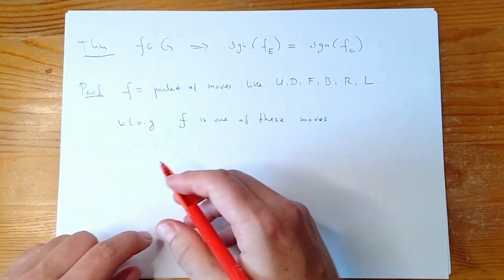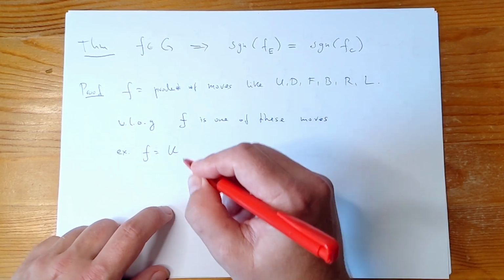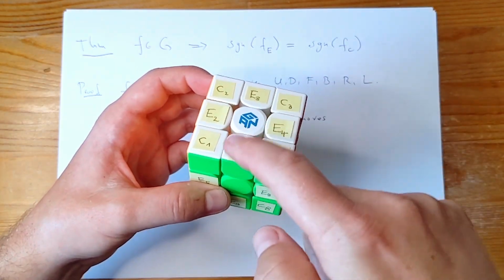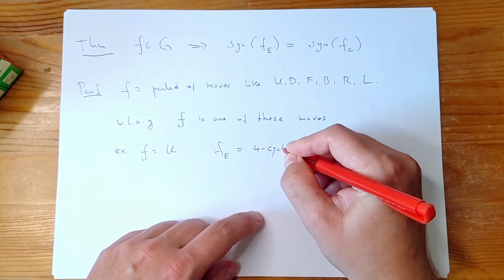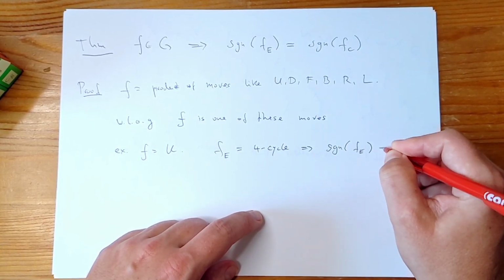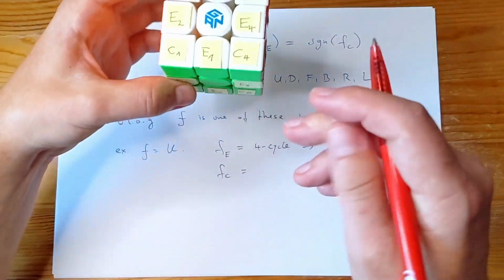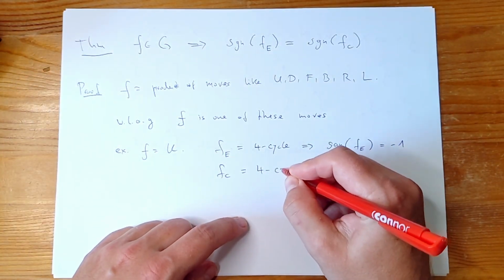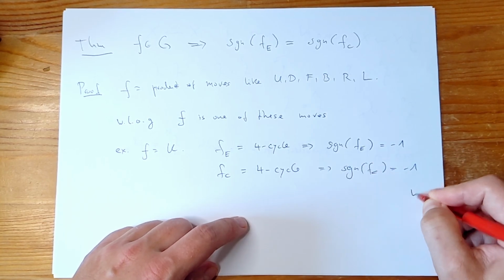And it's all the same for every one. So for example, F equals U. So what happens here? We already know what happens. It's just a 4 cycle of these edges here. So it's a 4 cycle. So this means the signature is -1. And what about the corners? We also know it's just a 4 cycle here. So this means the signature is also -1, and we are done.